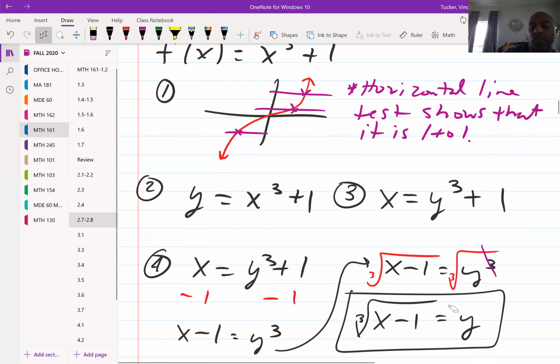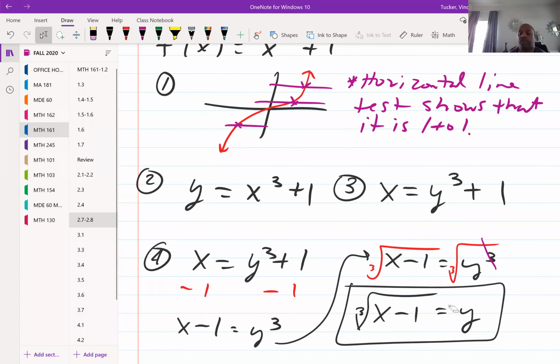All right, so subtract 1 from both sides, and then take the cube root of both sides in order to get that cube off of y.